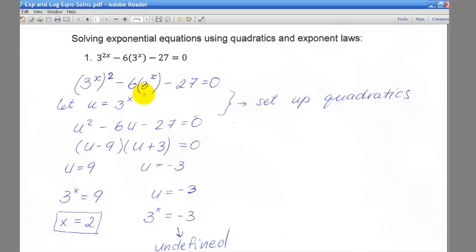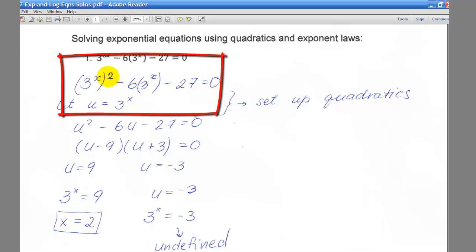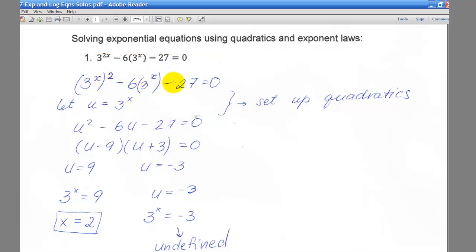Subtract 6 times 3 to the power of x minus 27 equals 0. Now look, (3 to the x) squared minus 6 times 3 to the x minus 27 equals 0. Can you see the pattern? Yeah, the pattern is that this reminds us of a quadratic equation. ax squared plus bx plus c equals 0.